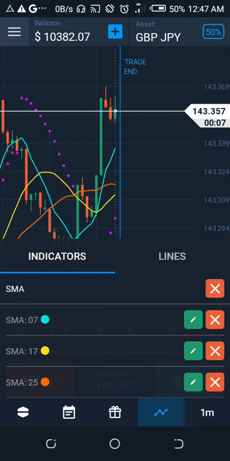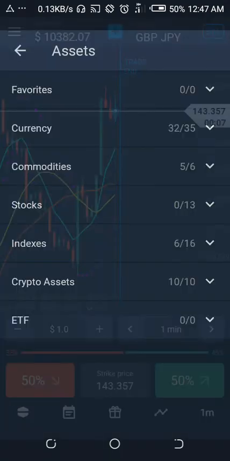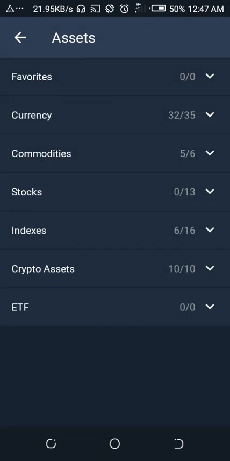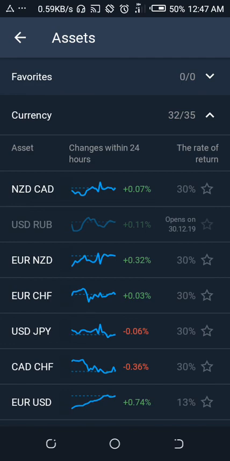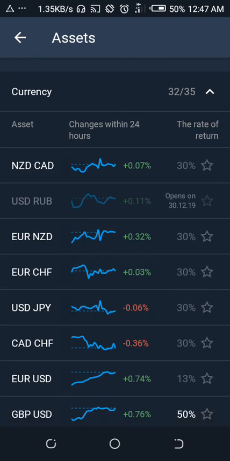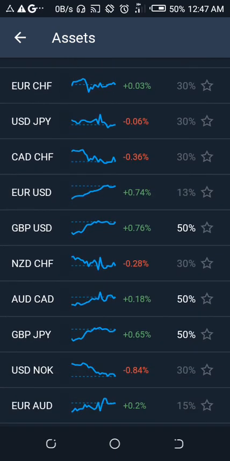Then make sure your asset is in a profit margin. If you are trading GBP/JPY, make sure it's in profit margin before you choose your asset.